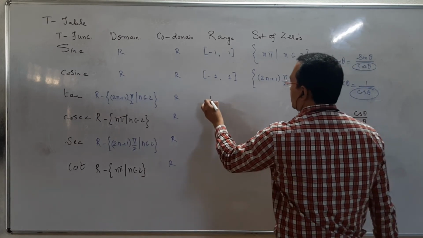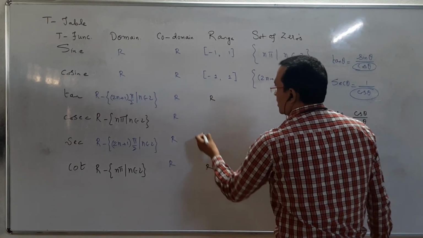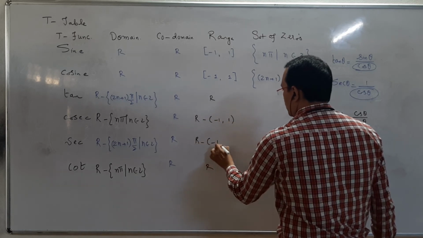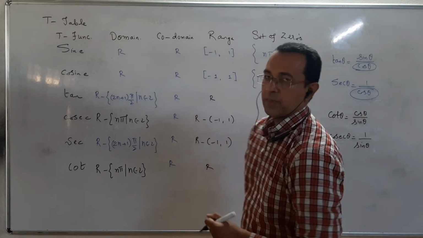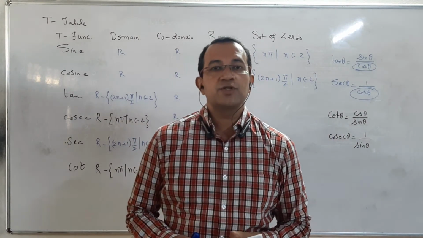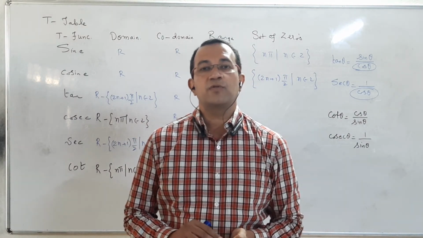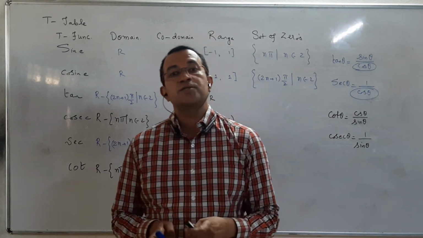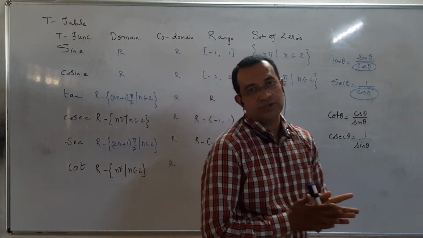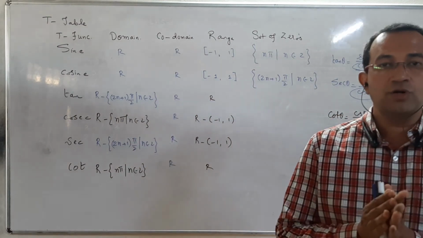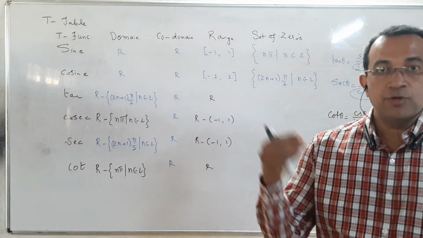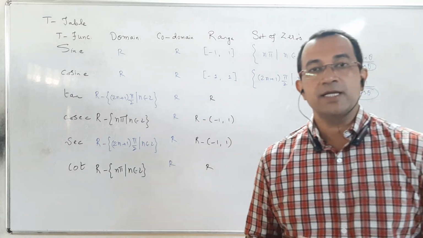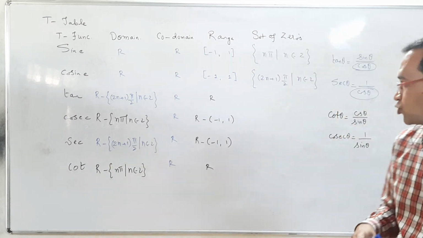The range of tan and cot functions is R, and the range of sec and cosec functions is R minus the open interval minus 1 to 1. Students, derivation of all this is beyond the scope of the book at present. Nobody is going to ask you these derivations. So at present I am not indulging in derivations, but I am explaining how this table can be easily memorized and understood.